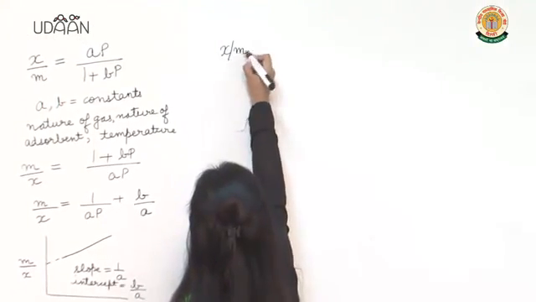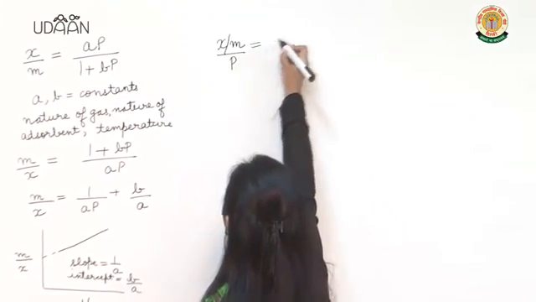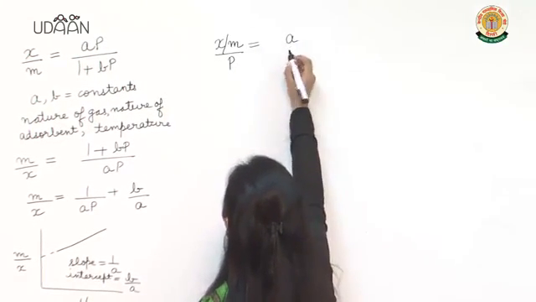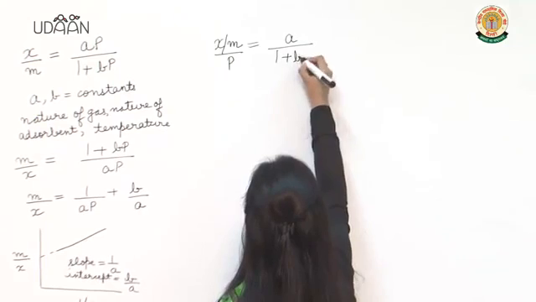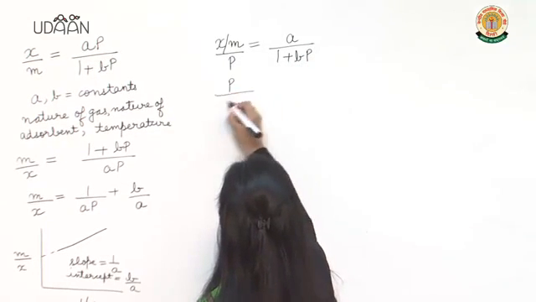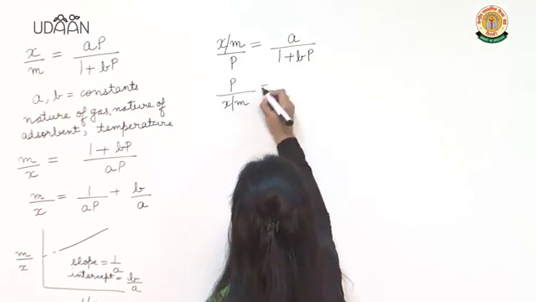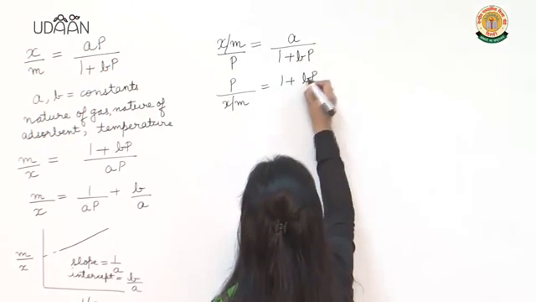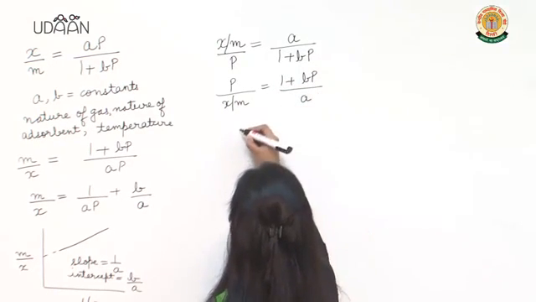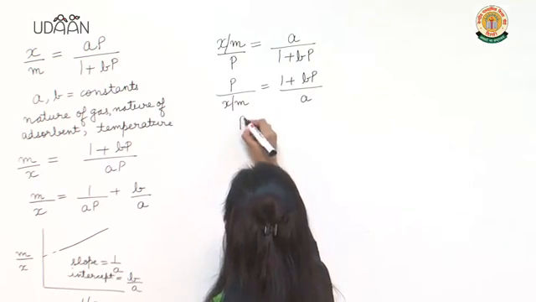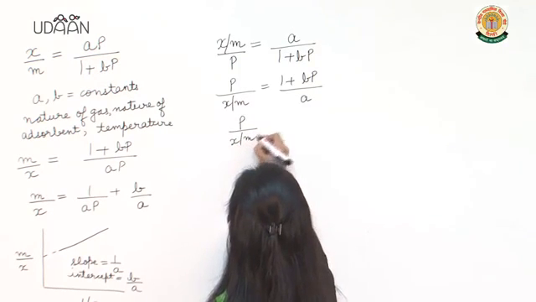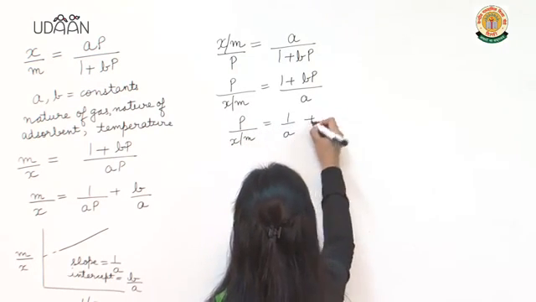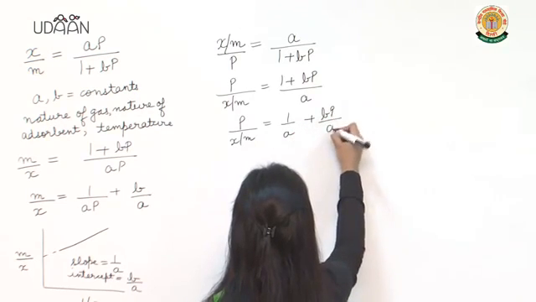Now x by m upon p would be equal to a upon 1 plus bp. So if I take the reciprocal, it will become 1 plus bp by a. Now if I have to plot a graph, I will write it as 1 by a plus bp by a.